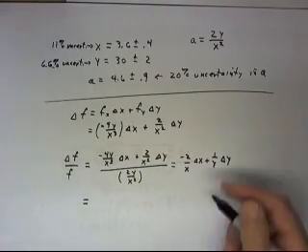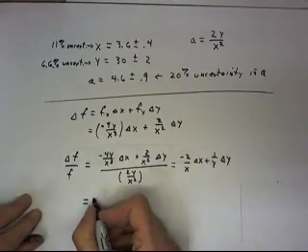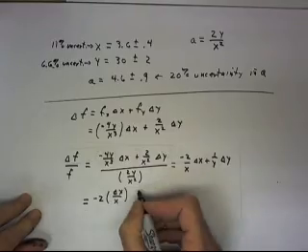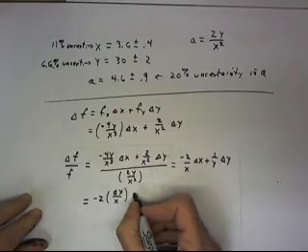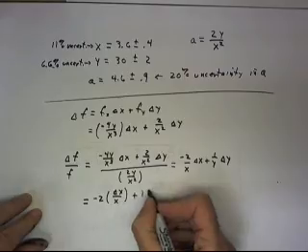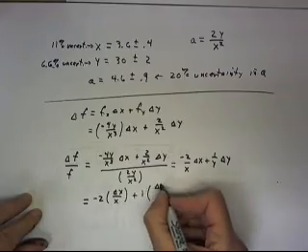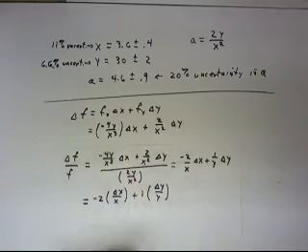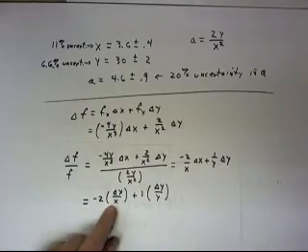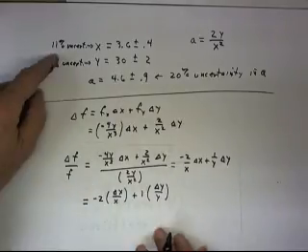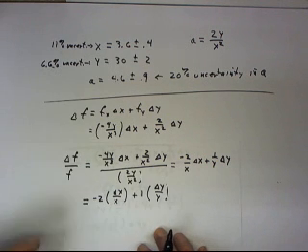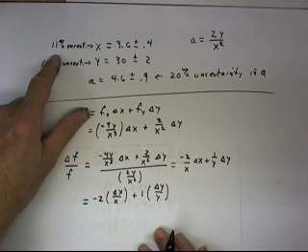What good is that? Well, we can rearrange this. We can say we have negative 2 times delta x over x plus 1 times delta y over y. Now what's delta x over x? That's 11%. 0.4 over 3.6 is 0.11.